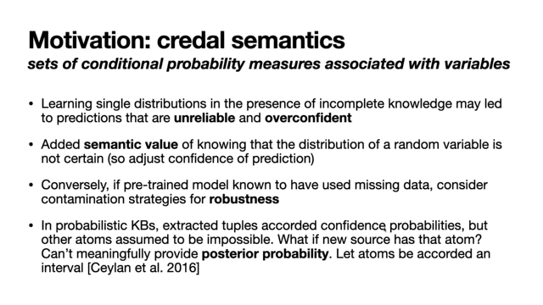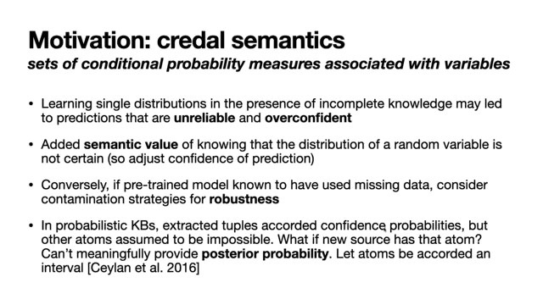There is then the added semantic value of knowing that the distribution of a random variable is not certain, so you can have an assessment of how confident you are about the prediction. Conversely, if you did have a pre-trained model where you know that there was missing data, you might consider some contamination strategies to have a more robust account of your prediction.